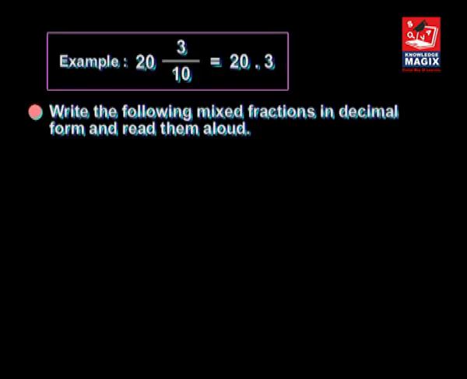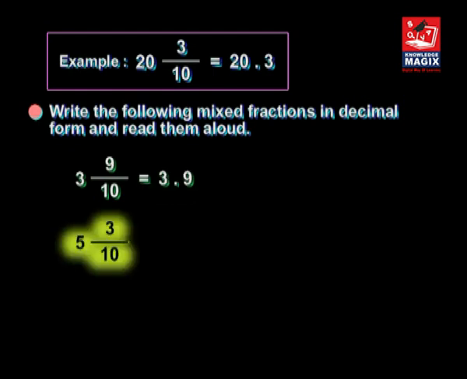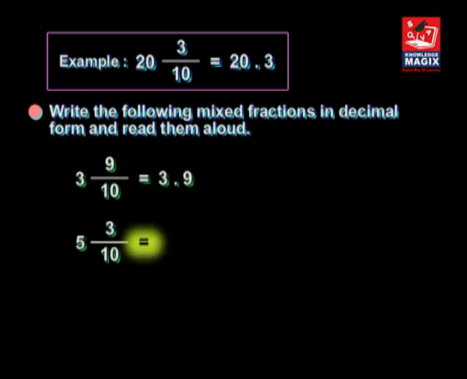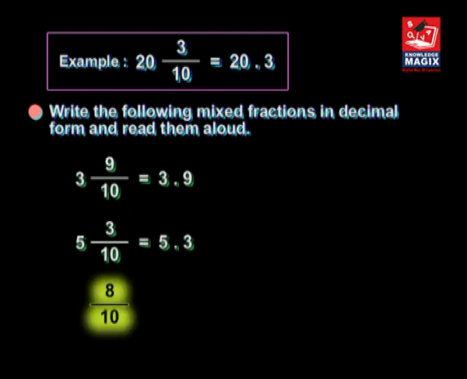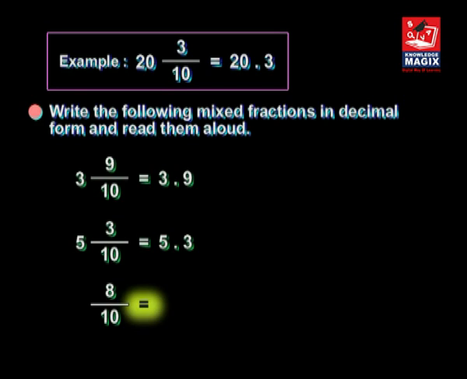Now write the following mixed fractions in decimal form and read them aloud. 3 and 9 upon 10 is equal to 3.9. 5 and 3 upon 10 is equal to 5.3. 8 upon 10 is equal to 0.8.